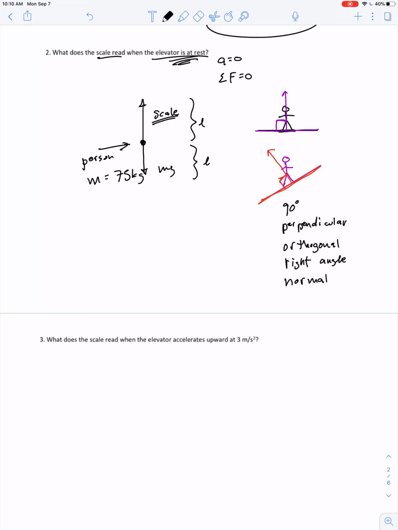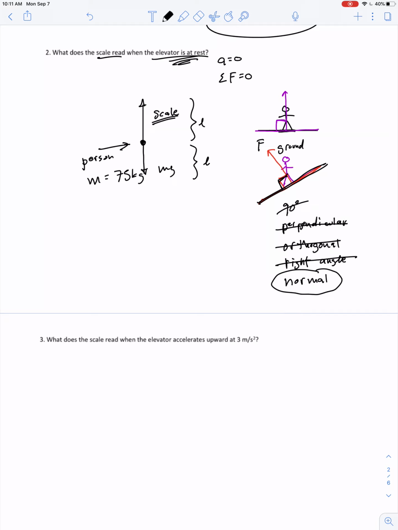And so the ground pushes perpendicular. The force from the ground is orthogonal to the ground itself. It's at 90 degrees. It's at a right angle. I'm going to use the language normal. I'm going to say the force from the ground is normal to the surface.